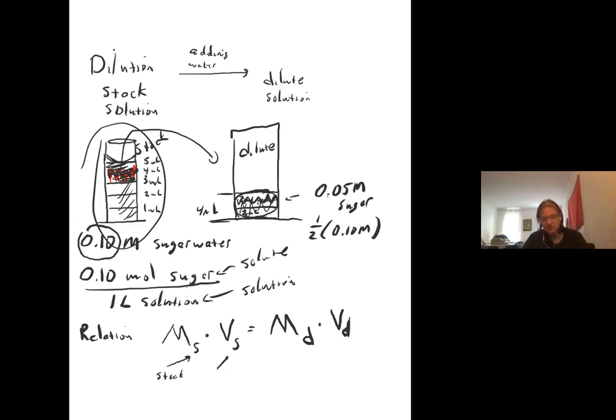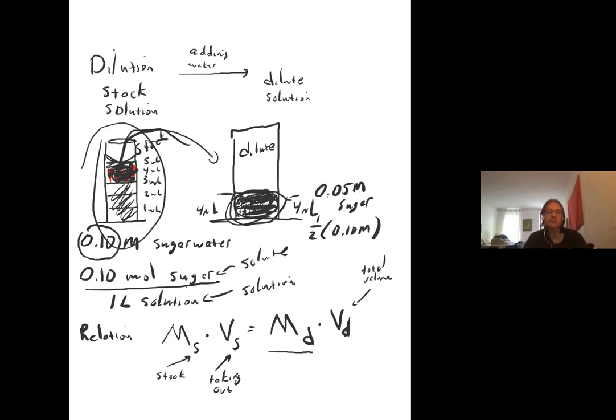I didn't take out all of the stock, I just took out some of it, so it's the amount you're taking out. And then the new solution's molarity times the total volume, meaning the amount of the stock that I took out plus the water that I'm adding in, that total volume.